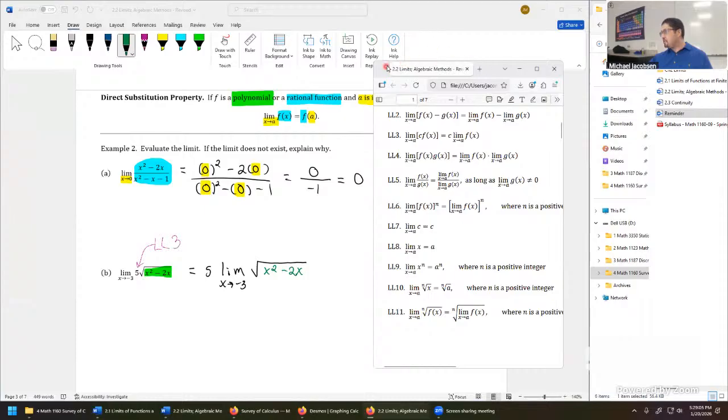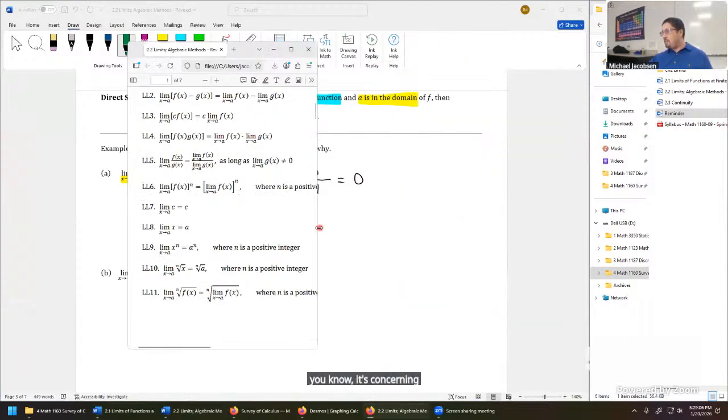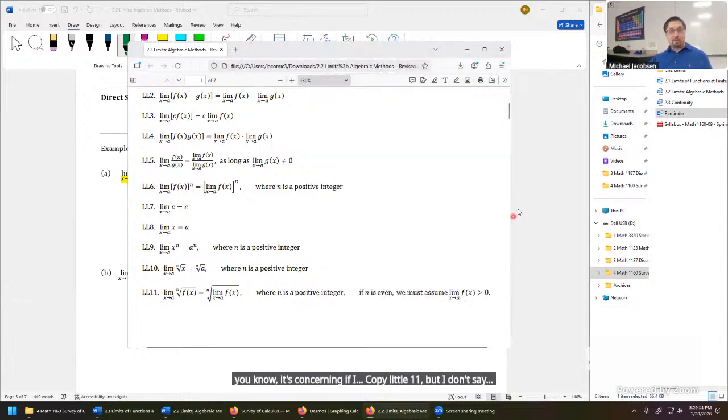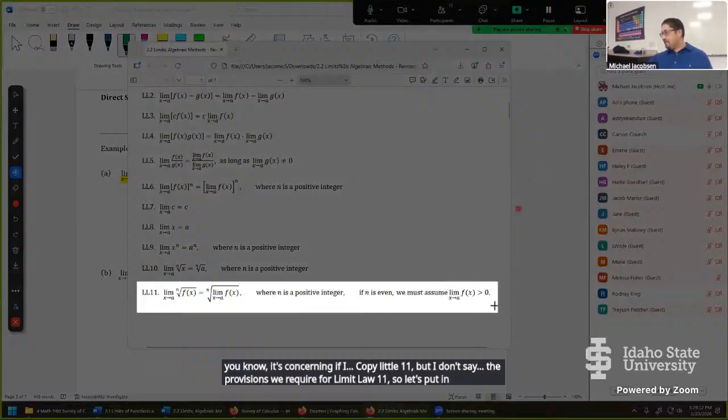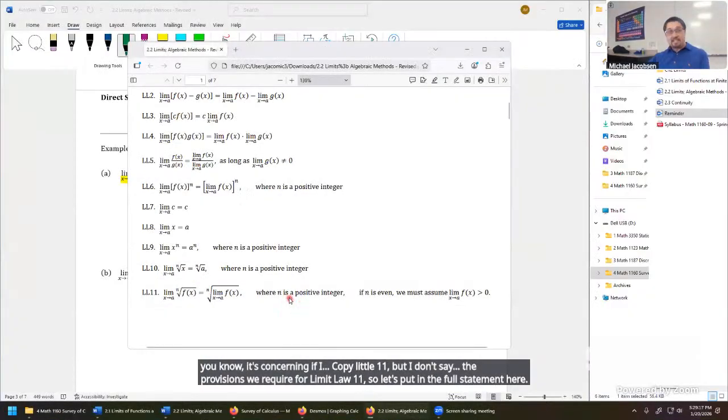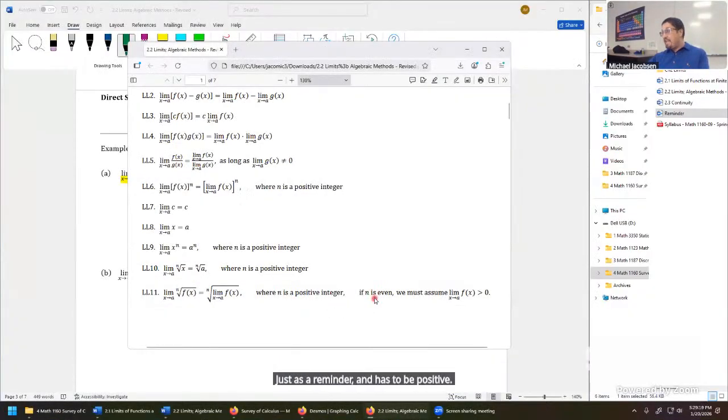You know, it's concerning if I copy limit law 11, but I don't say the provisions we require for limit law 11. So let's put in the full statement here. Just as a reminder, n has to be positive, n has to also be even, so we're not getting into complex valued results. And the thing inside, if it's even, must be positive as well.